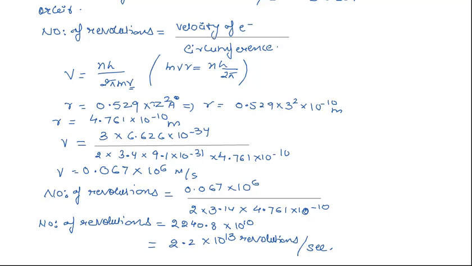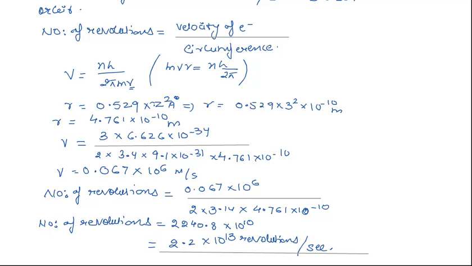Now what is the answer of our question? 2.2 into 10 to the power 13 revolutions per second, and how many waves is that electron giving? 3 waves. Clear?